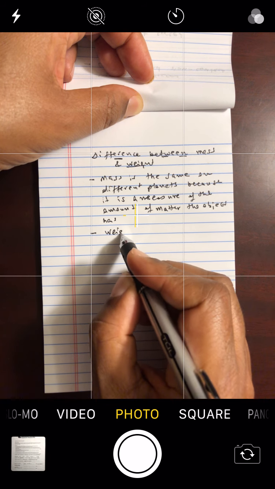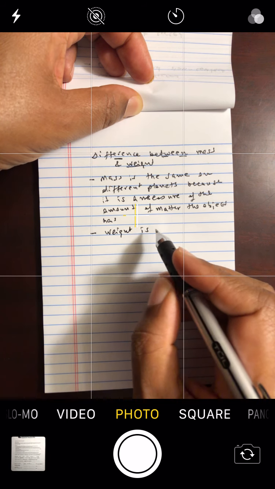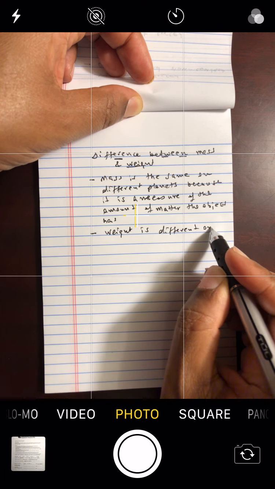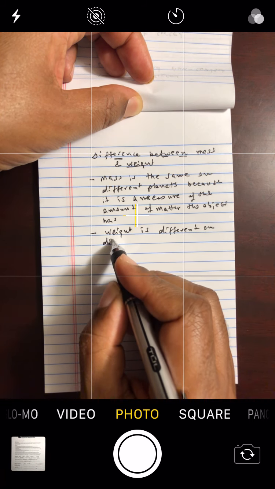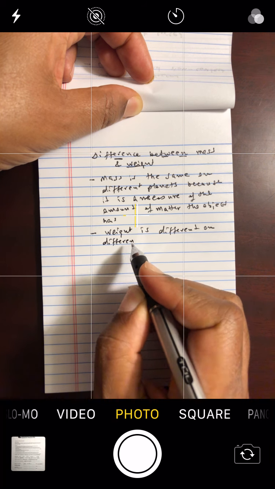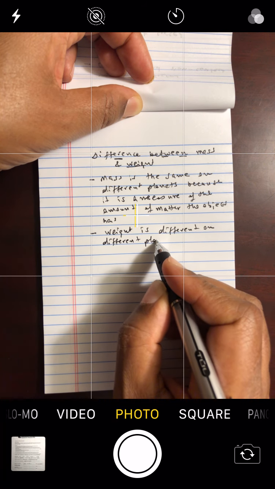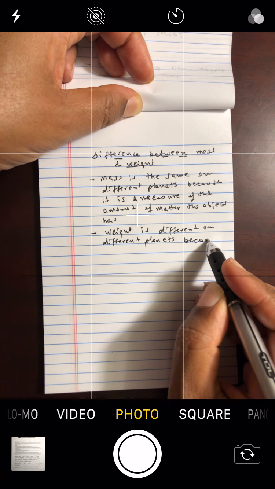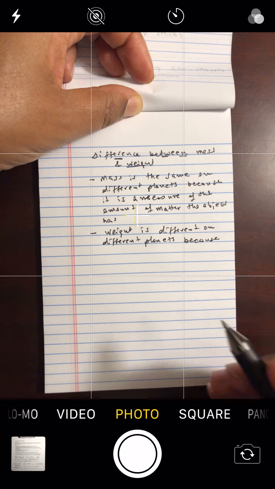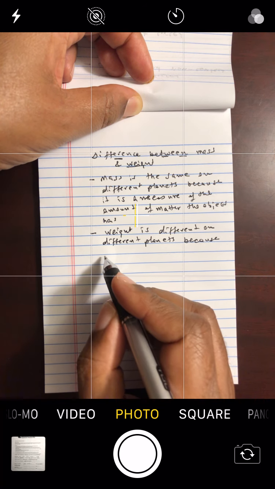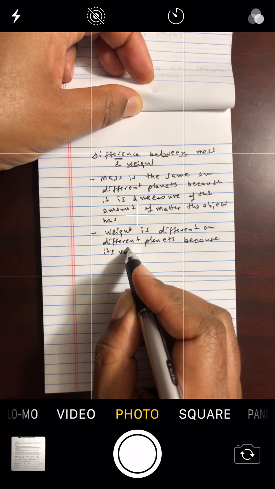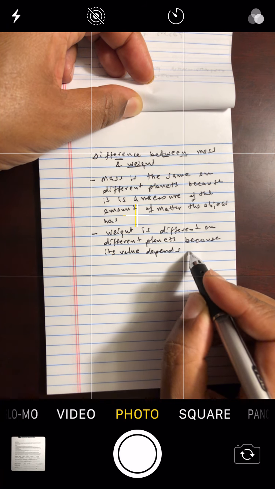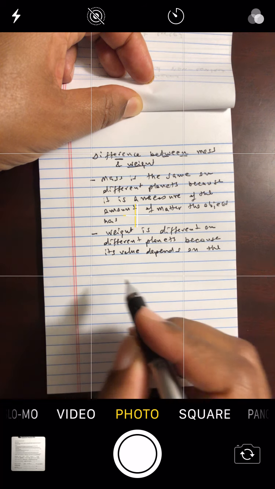But weight is different on different planets because its value depends on the massive object in its vicinity.